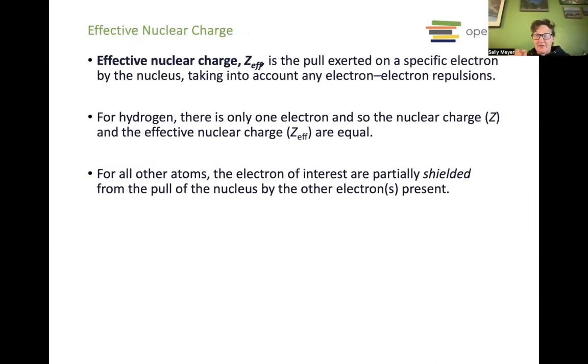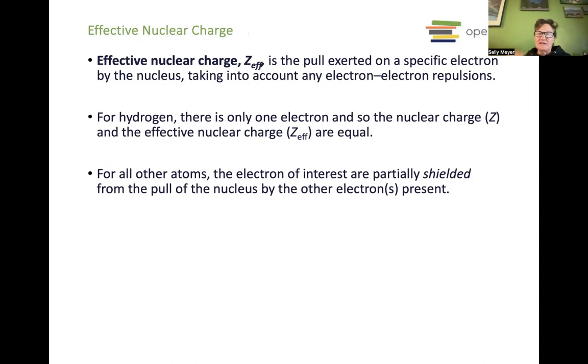But as you're going from left to right, even though you're adding more electrons, something called the effective nuclear charge is increasing. So that's the pull exerted on a specific electron by the nucleus, taking into account electron repulsions.